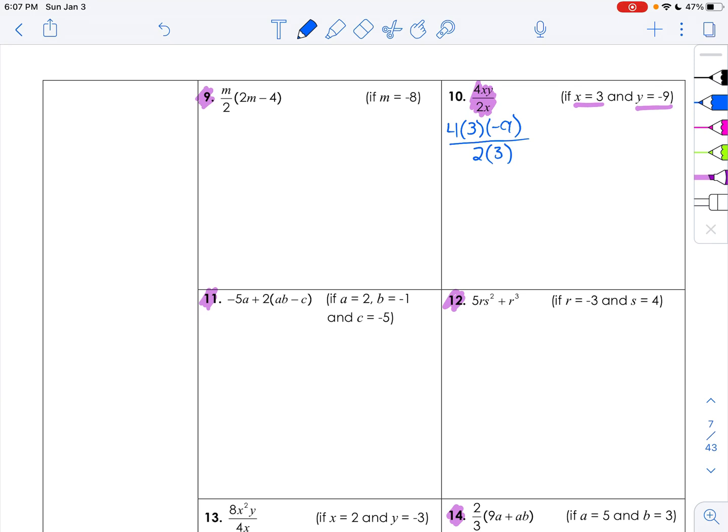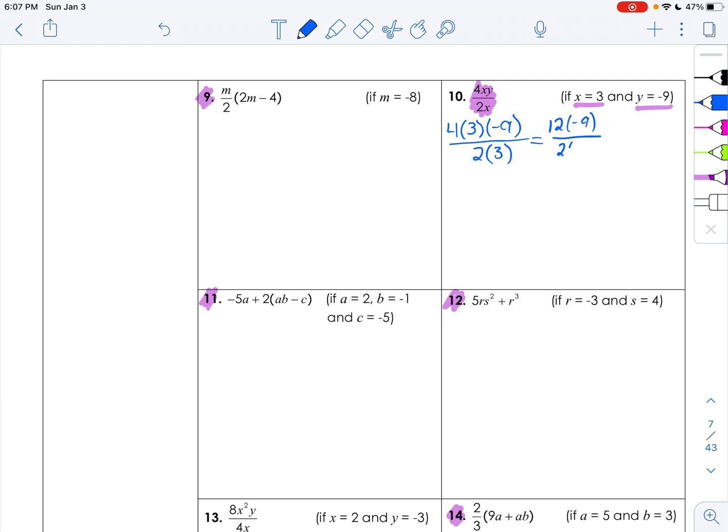And that's over 2, and then in parentheses 3. Now remember, when we have a quotient like this, we always want to simplify our numerator and denominator first, and then divide last. So when I take a look at my numerator, I see the only operation I have is multiplication. So 4 times 3 times negative 9. 4 times 3 is 12. And then you can bring over your negative 9.